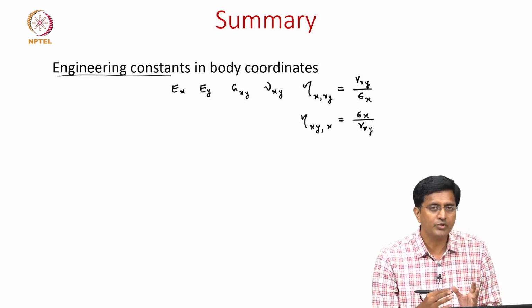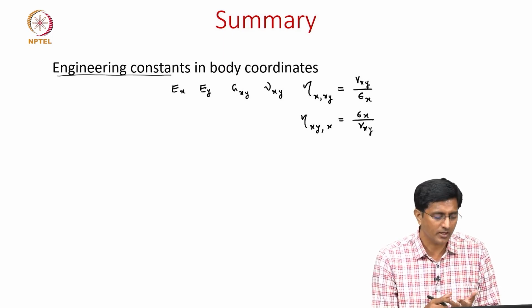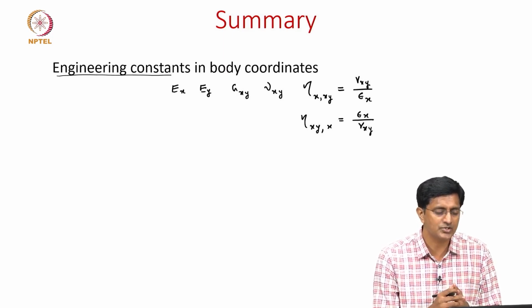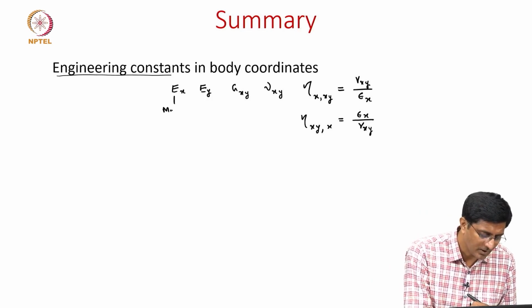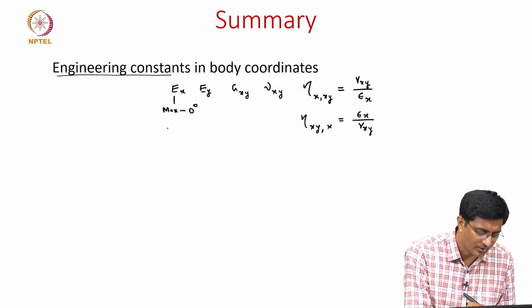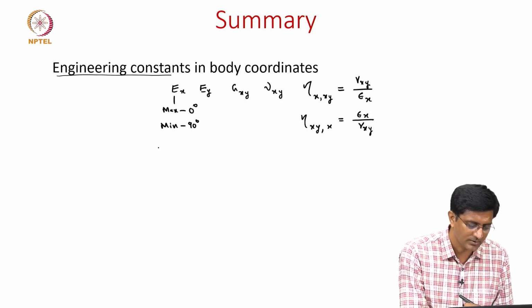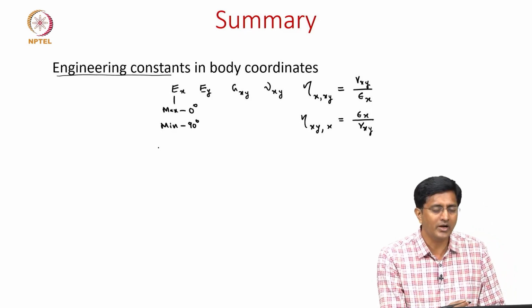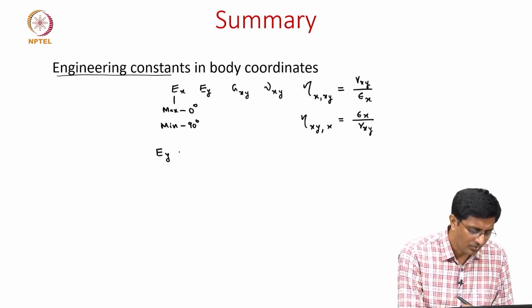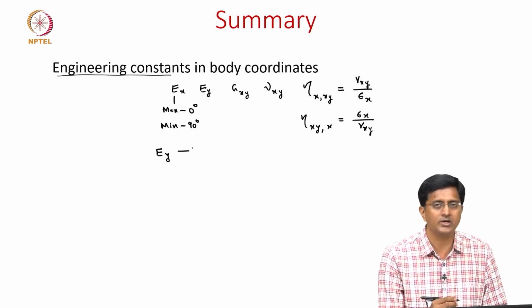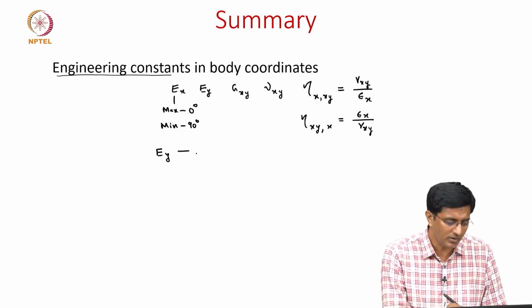So, we also showed you with a few composites like the glass fiber, carbon fiber and aramid fiber how these values change. For Ex we said it has the maximum value at 0 degrees and minimum value at 90 degrees. Of course, we did not look at y, but I am sure we can talk about y now: when do we have the maximum value of Ey?